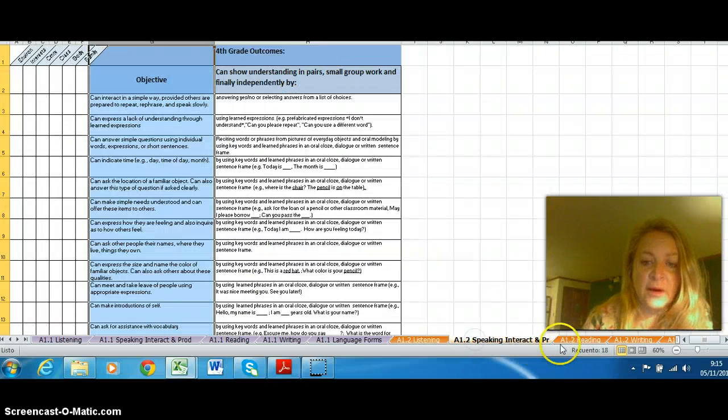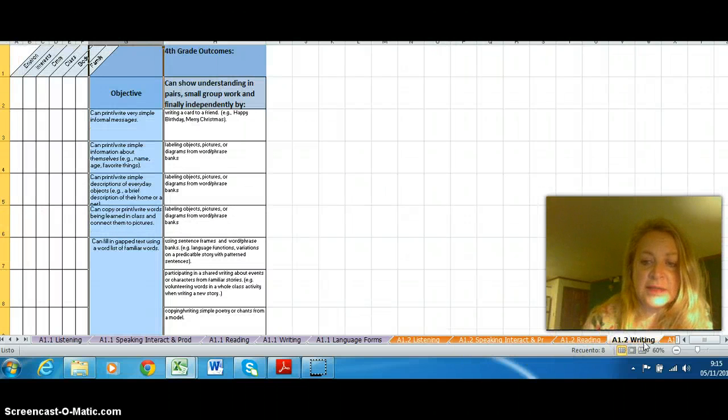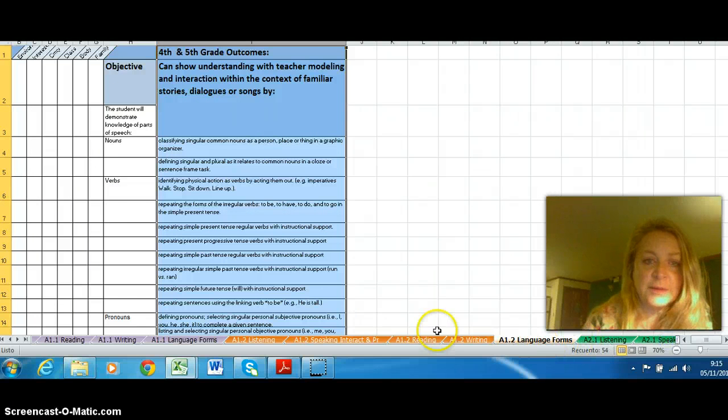And so here are the language skills and language forms for grade 4. Now, the language forms, I've made them for 4th and 5th so that there can be a bridge to the next grade. Okay? Those would be just the language forms.